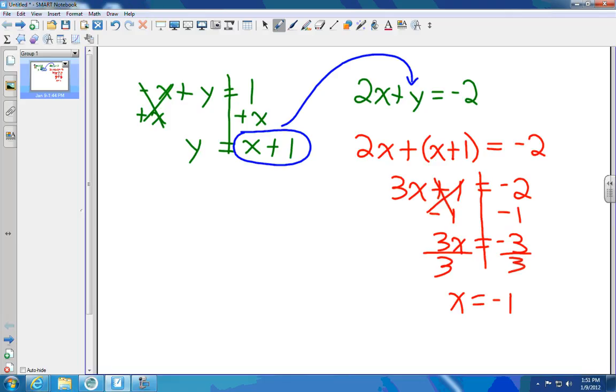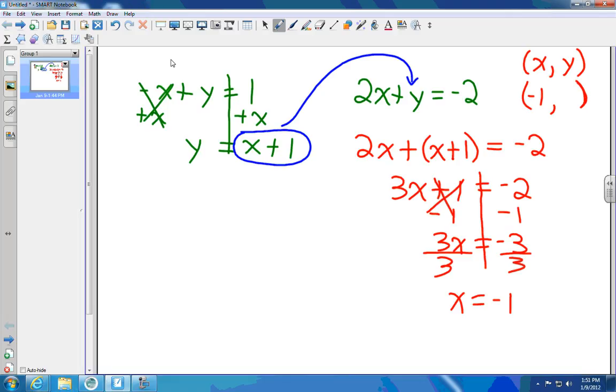Remember, we are looking for the point of intersection. So all your answers will be an ordered pair, x, y. Which one do we know? We know the x equals negative 1. We still have to find the y. Here's the very last step. After you found your first variable, what do you think we would do with that?